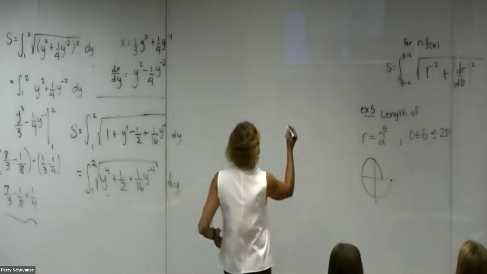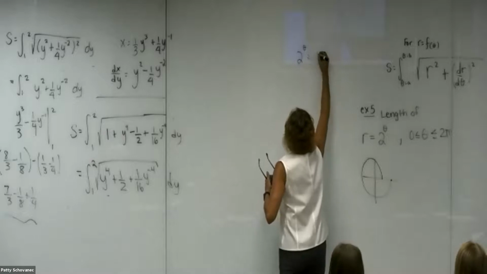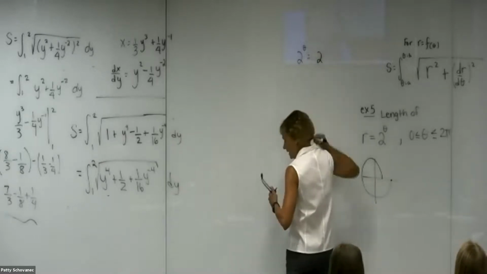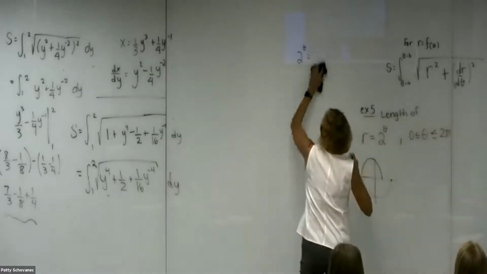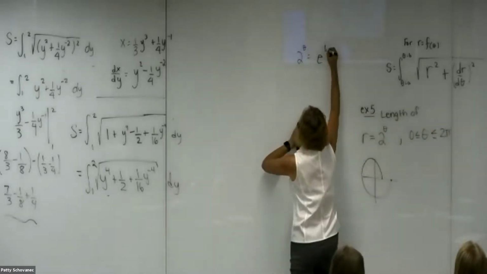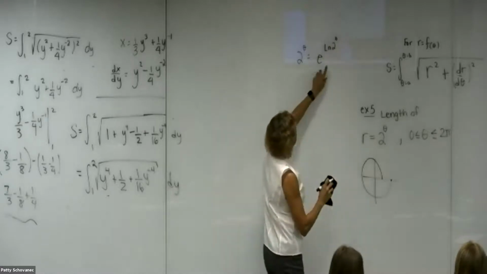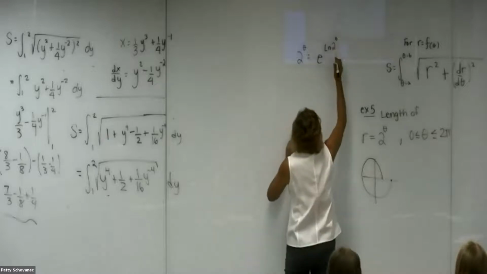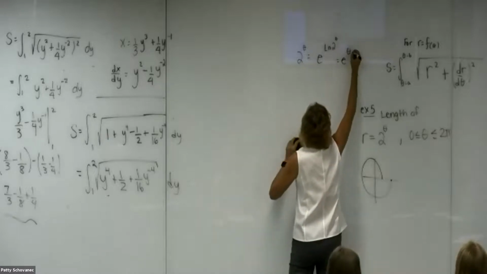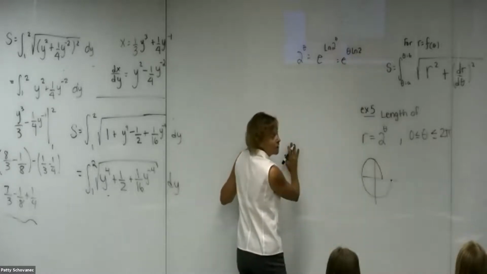We can say that 2 to the theta is the same as e to the natural log of 2 to the theta, agree? Because e to the natural log of anything is that anything. And then that log power brings the theta down. Natural log of 2 is just a constant.